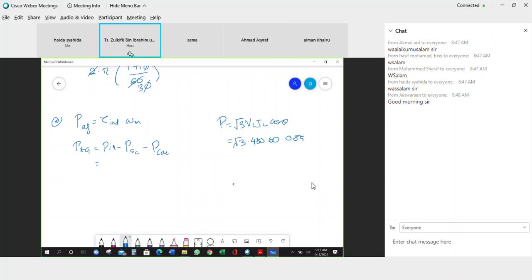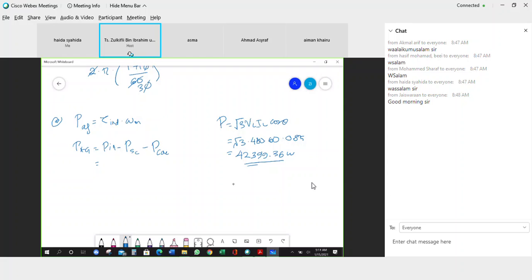This gives you root 3, which is 1.732, by 480 by 60 by 0.85, which is about 42,399.36 watts. Okay, so this is your input power.